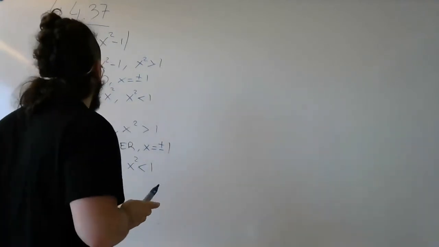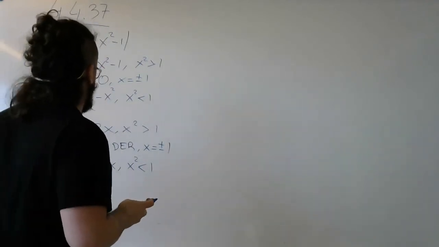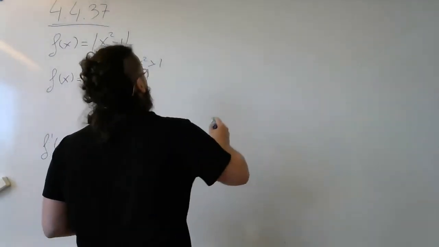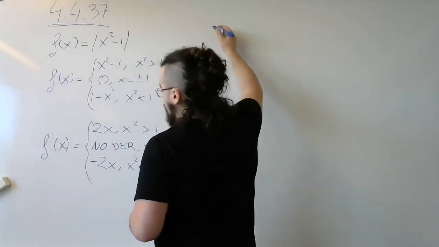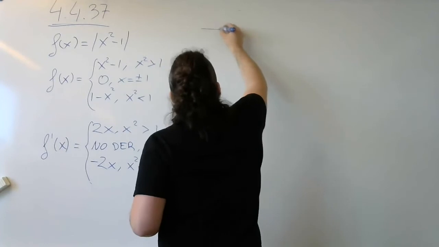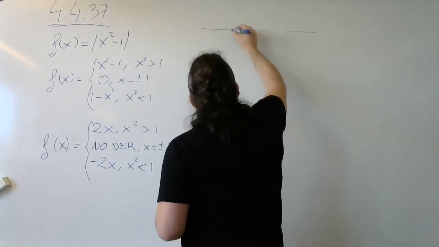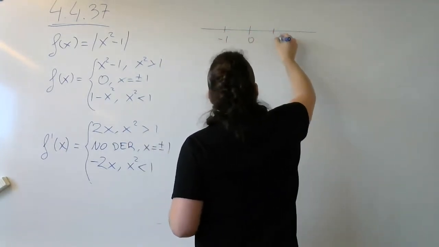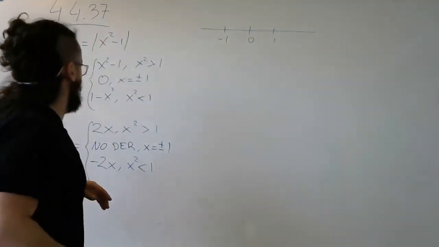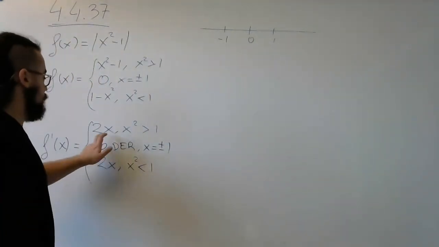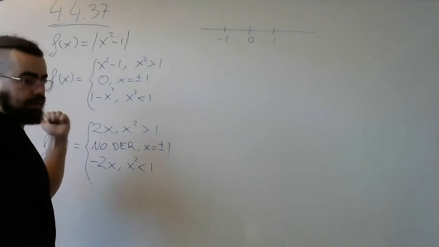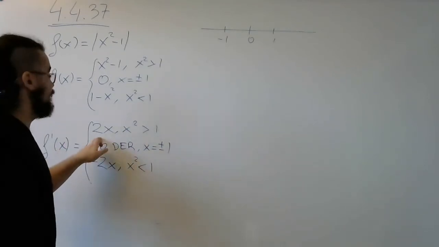Now, let's see what happens with the growth and decay intervals. This is 0, this is minus 1, this is 1. Here we can observe it immediately. If we are in smaller values than minus 1, this is negative.